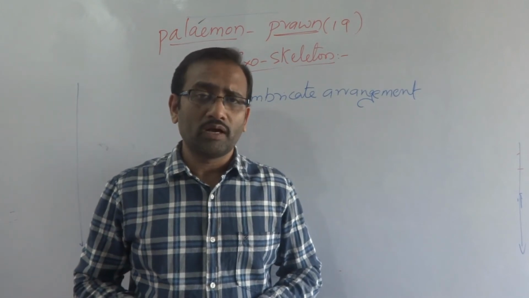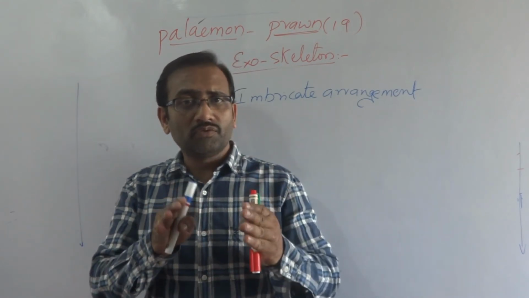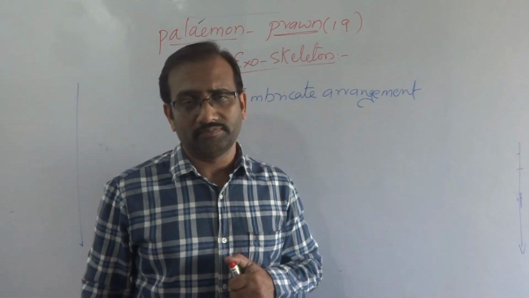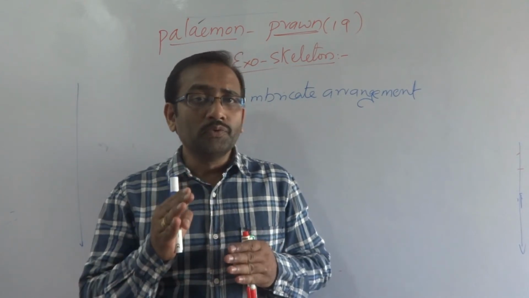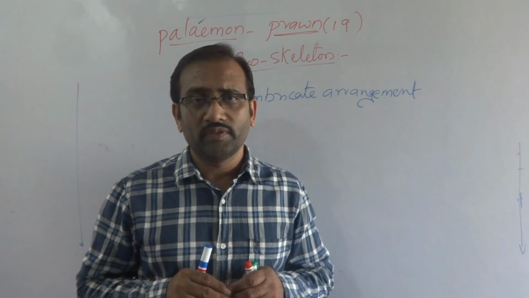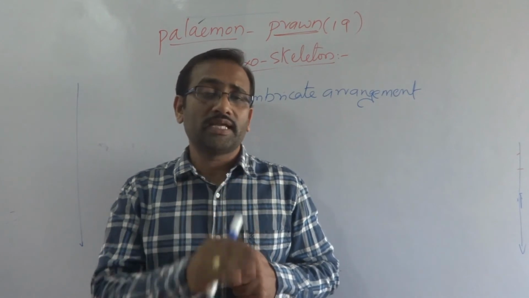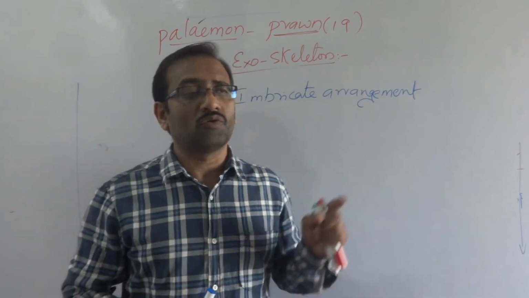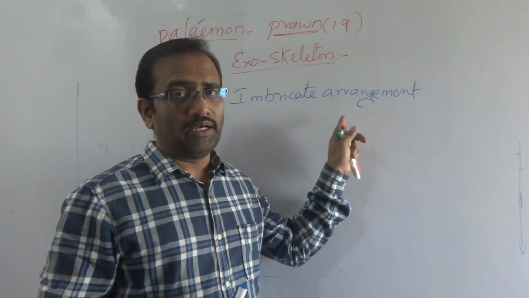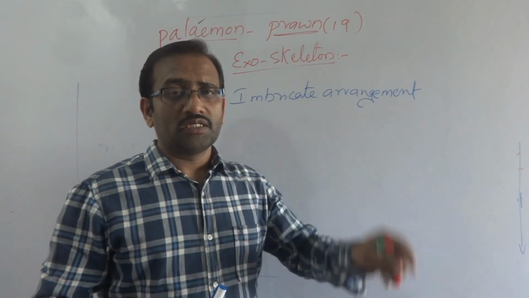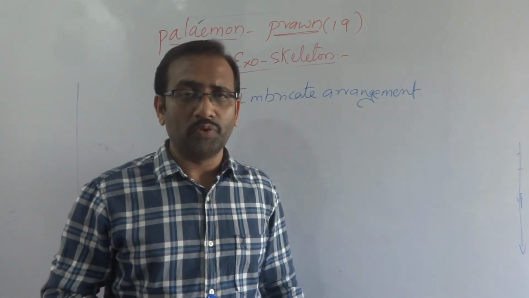The tergum and pleural sclerites of the abdomen slightly cover the succeeding segments also. This type of arrangement of sclerites is called imbricate arrangement.